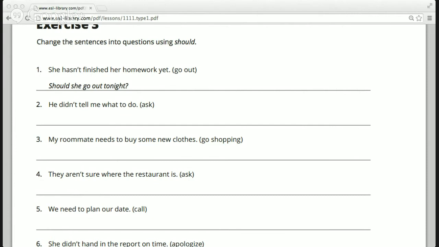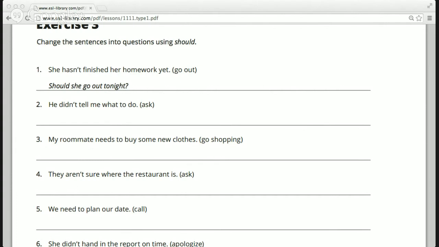Should I? So we're going to switch "me." Our subject is going to be "I." Should I ask what? No, sorry. He didn't tell me what to do. You're almost there. So should I ask?